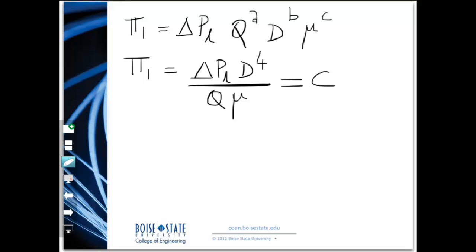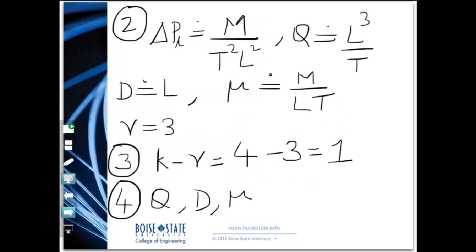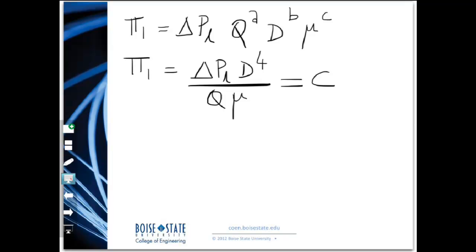Okay, so in this case we have to determine what would be this constant in the problem. So we can then go ahead and use our experimental data. We know various Q values which produce various delta P's, right? So that would mean we can apply that, and we know D is a constant, we know mu, and delta PL, remember it's delta P over L. So for each Q and P combination, you have to find C. I did that for each of those 5 different flow rates.